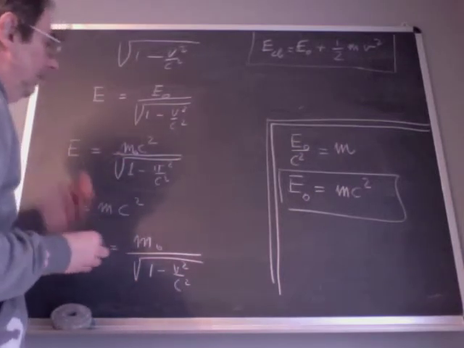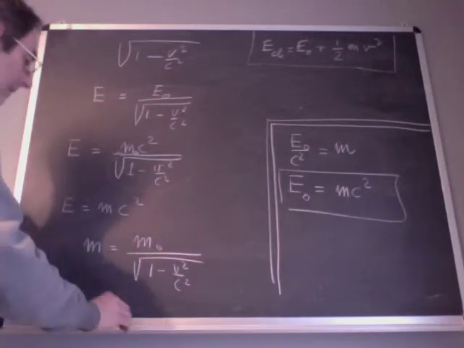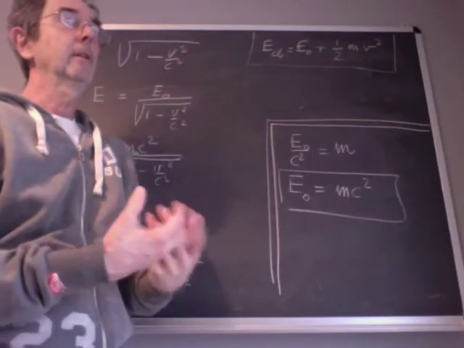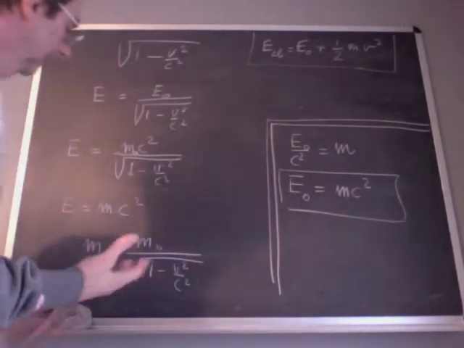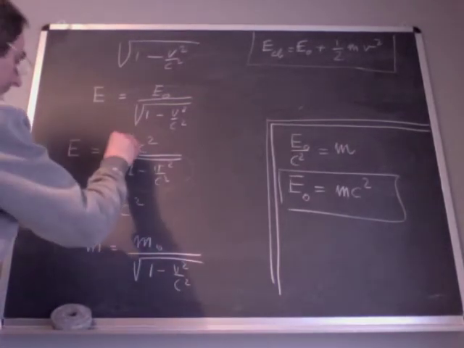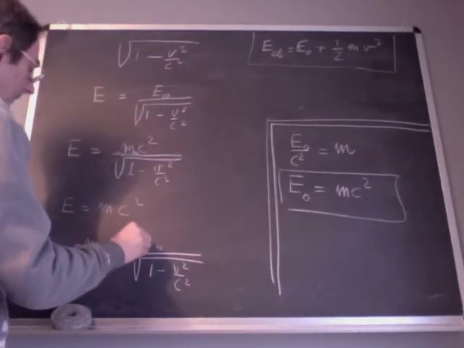What changes is the energy. Because the mass is intended as the quantity of matter, so the quantity of matter is the same. The inertial mass is this one, m0. Okay?